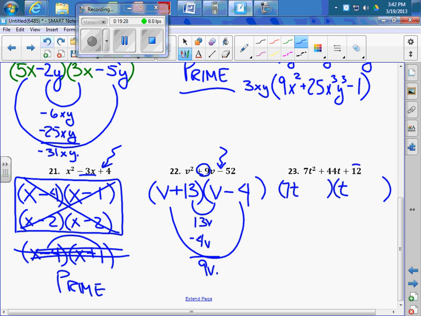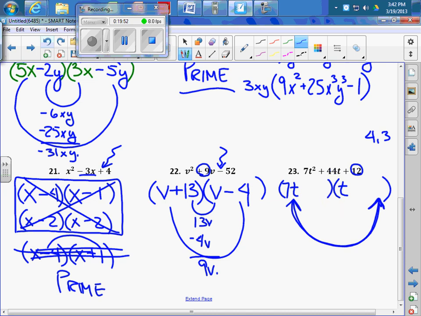I need factors of 12. My first thought is 4 times 3 is going to give me 12. But remember, whatever I put here, I need to multiply it times 7, and we need to get all the way up to 44. So if I put a 4 here and a 3 here, 7 times 4 is 28, plus 3 is 31. So that's not going to work.